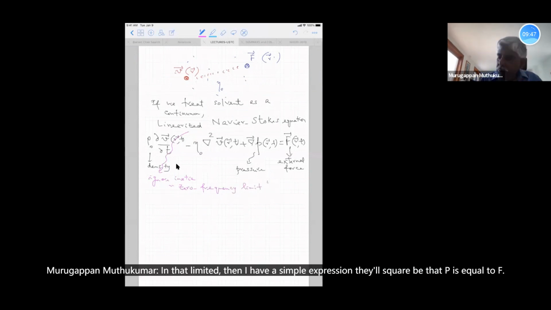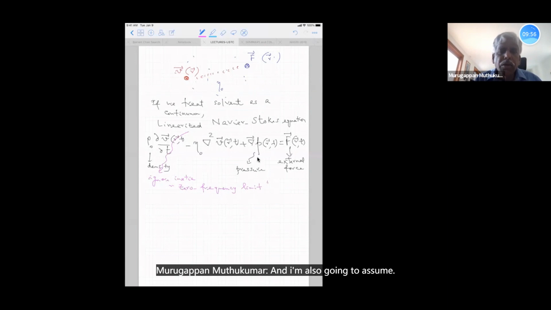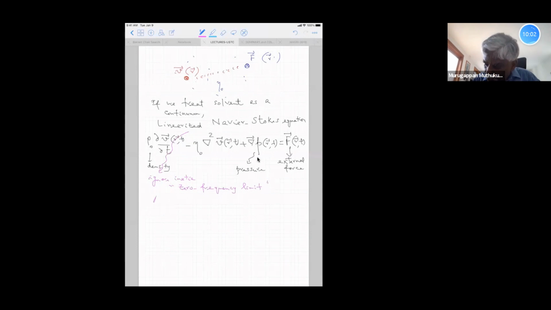In that limit, I have a simple expression: eta naught del square V, plus grad P, is equal to F. And I'm also going to assume the solvent is incompressible.